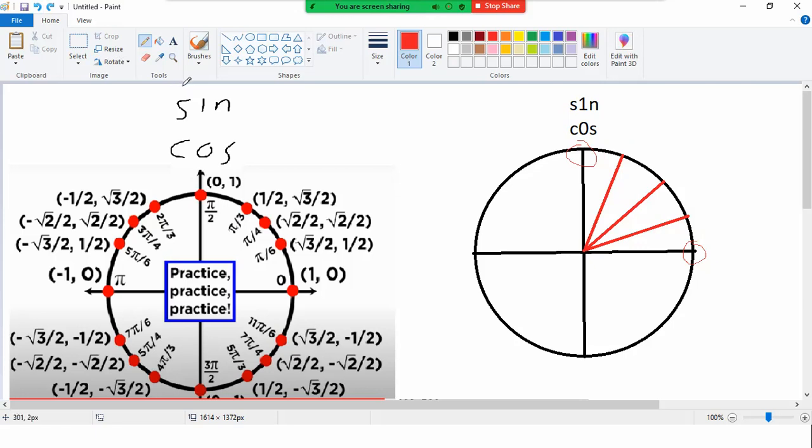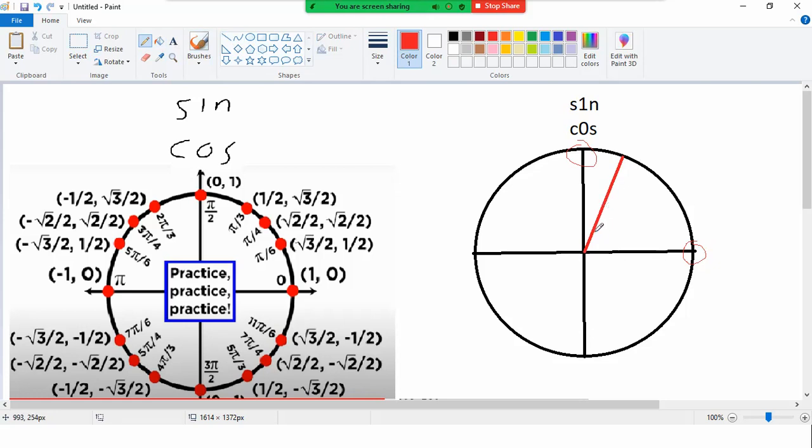Okay, so let's do this. There's a visualization trick that you can do, and that is this. Let's look at angle 60 right here. 60 degrees.